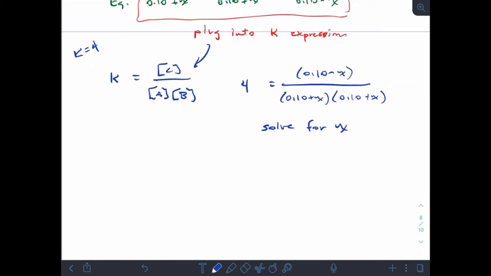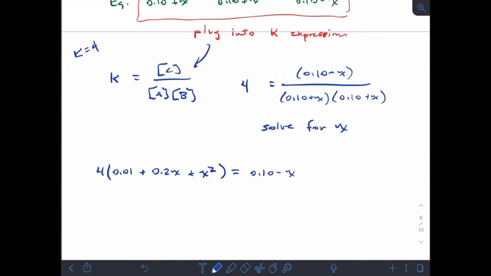I'm not going to write out every single step, but what we'll have is 4 times 0.01 plus 0.2x plus x squared equals 0.1 minus x.